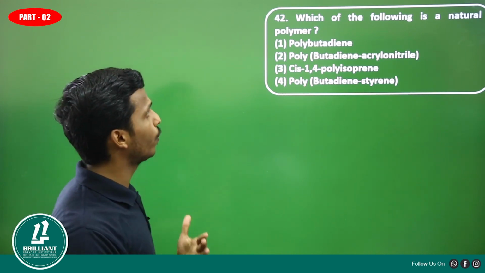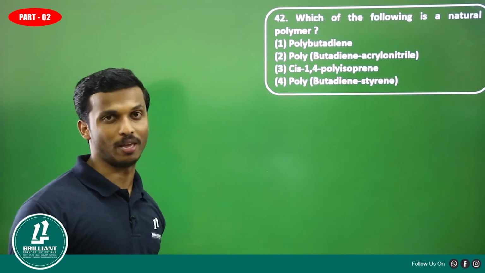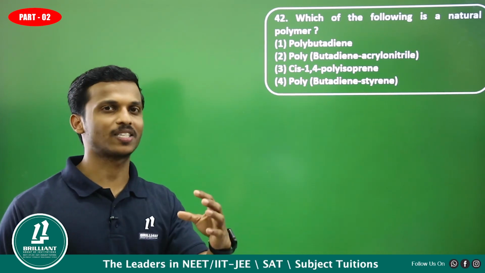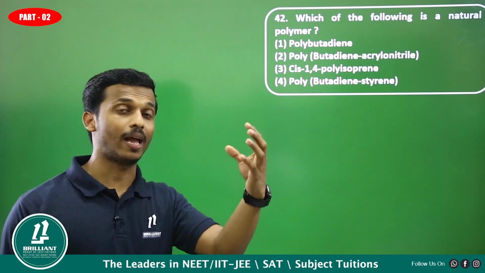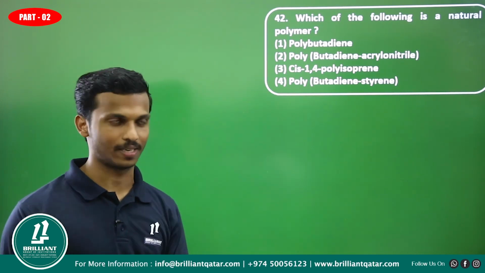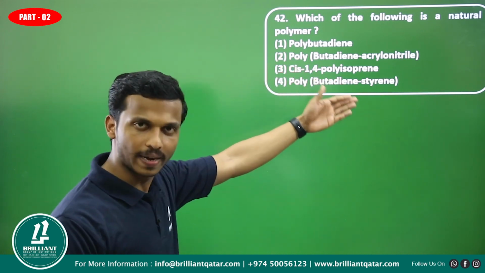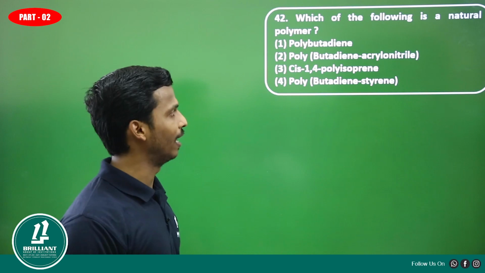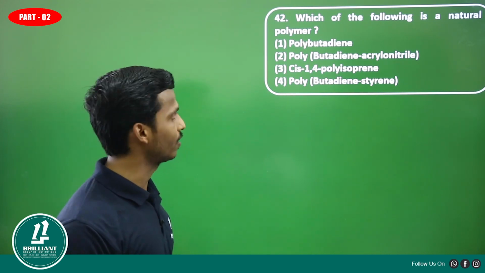Which of the following is a natural polymer? In the polymer chapter in grade 12 we studied how to classify polymers according to their source: natural, semi-synthetic, synthetic. Polybutadiene acrylonitrile, you studied about PAN and everything.